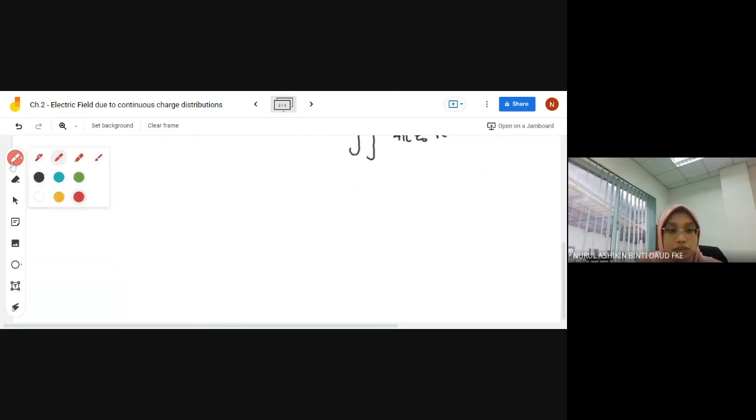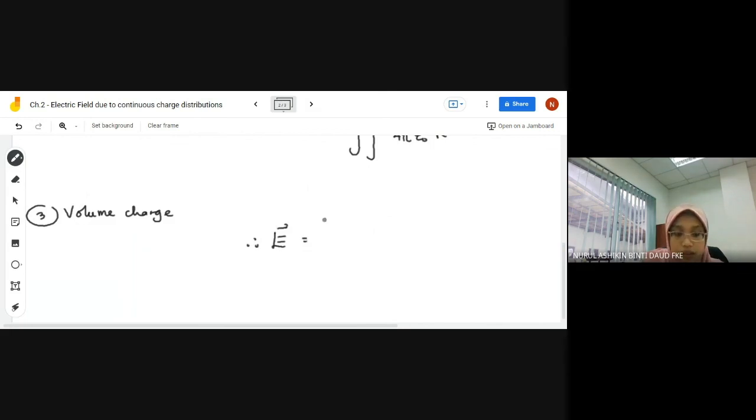Next, number 3 is the volume charge, where the total electric field will be a triple integration: dq over 4 pi epsilon naught R squared, a_R hat.